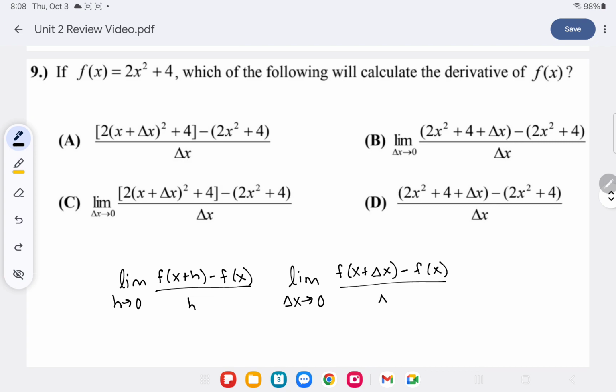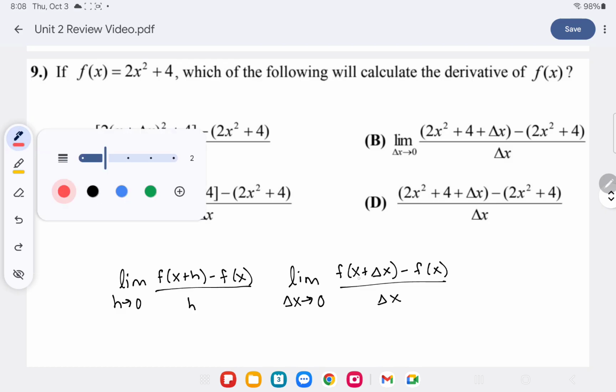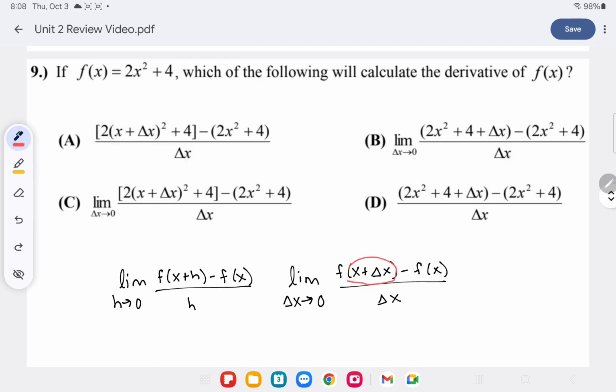Same idea though. So if you remember how we do this, it means that first we plug in x plus the change of x in for x in our function.